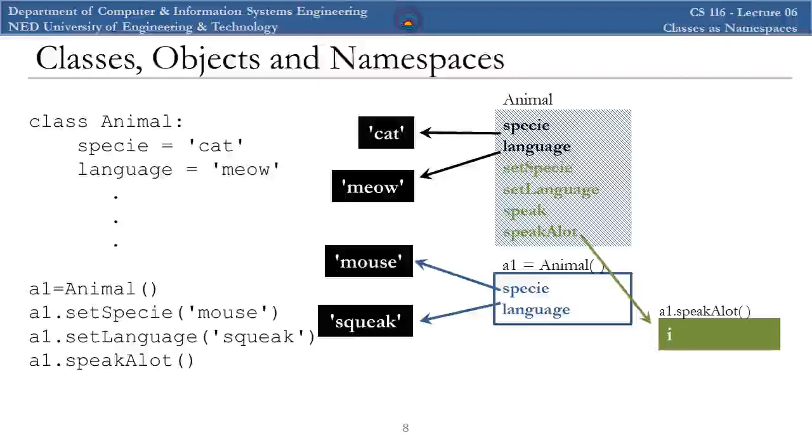And even in this function speak a lot, whenever you access species with self dot, or in other words a1 dot, that means you are accessing those attributes from the namespace of a1. So the difference between I and self dot species or a1 dot species is that I is a local variable which is local to this method speak a lot, whereas self dot species is not a local variable for speak a lot. Self dot means that this method speak a lot has to get it from the namespace of the class.